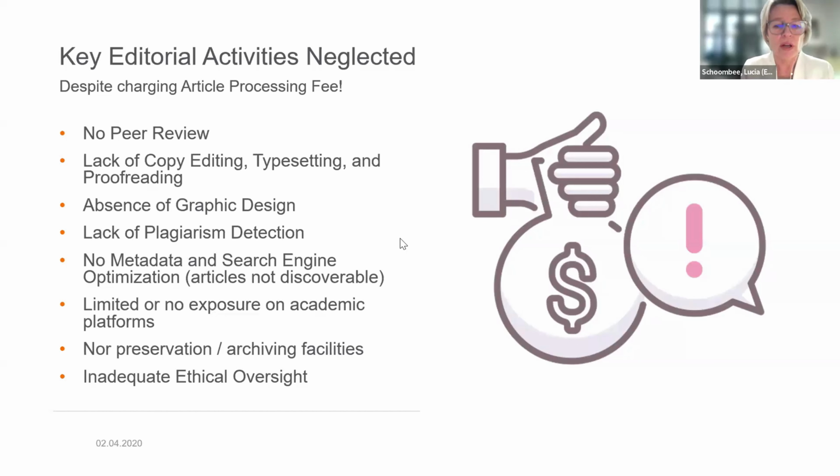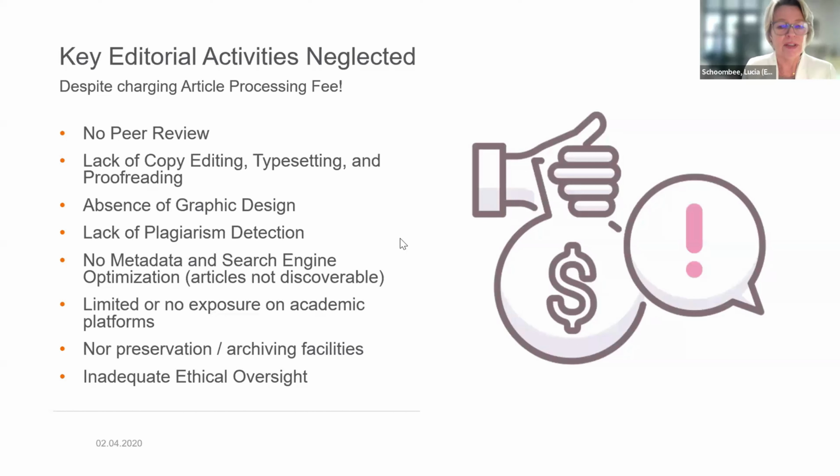They also provide limited or low exposure on academic platforms, which affects the visibility and the impact of your work. So when your work is just put on a website and there's no way that it's promoted or it's not retrievable, that really affects the chance of being cited or really making a contribution to the scientific world.